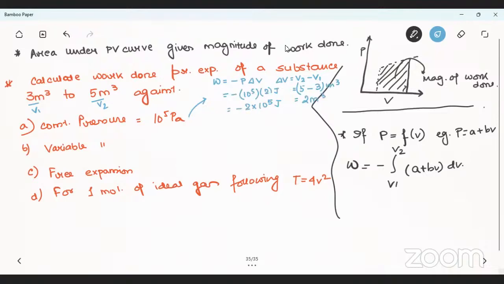Is this part clear? Yes, ma'am. See, use the basic formula and do it. So try for variable pressure.